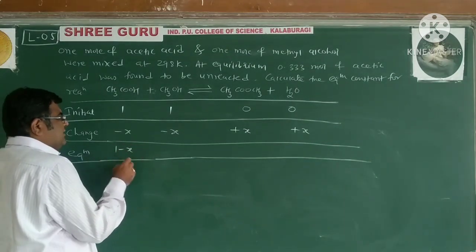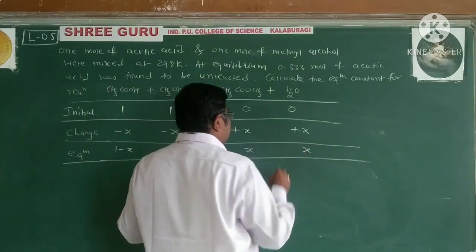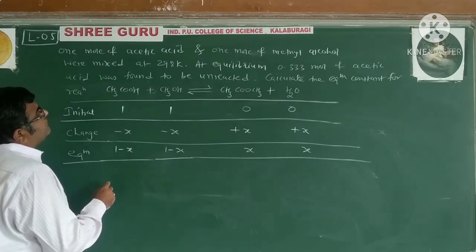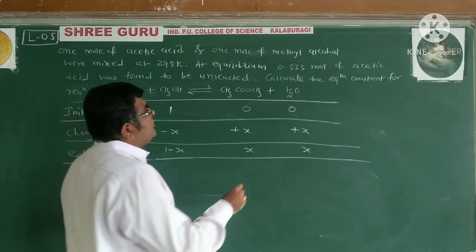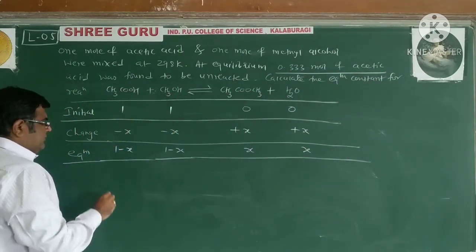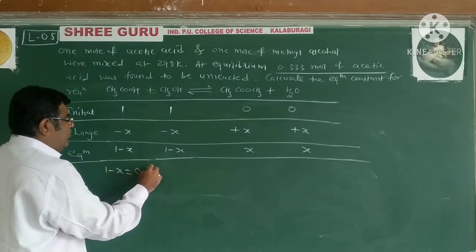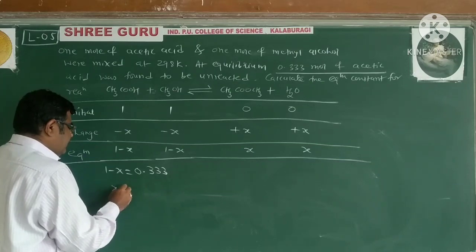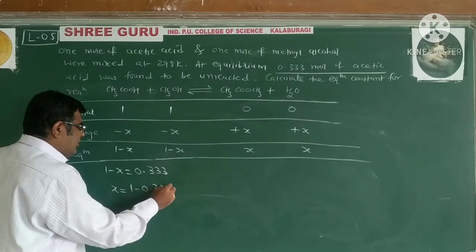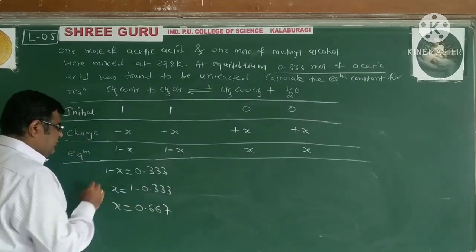So it is 1 minus x, 1 minus x, x and x. What is 1 minus x? 0.333 mole was found to be unreactive. Means 1 minus x is equal to 0.333. So x is equal to 1 minus 0.333, 0.667 is the value of x.